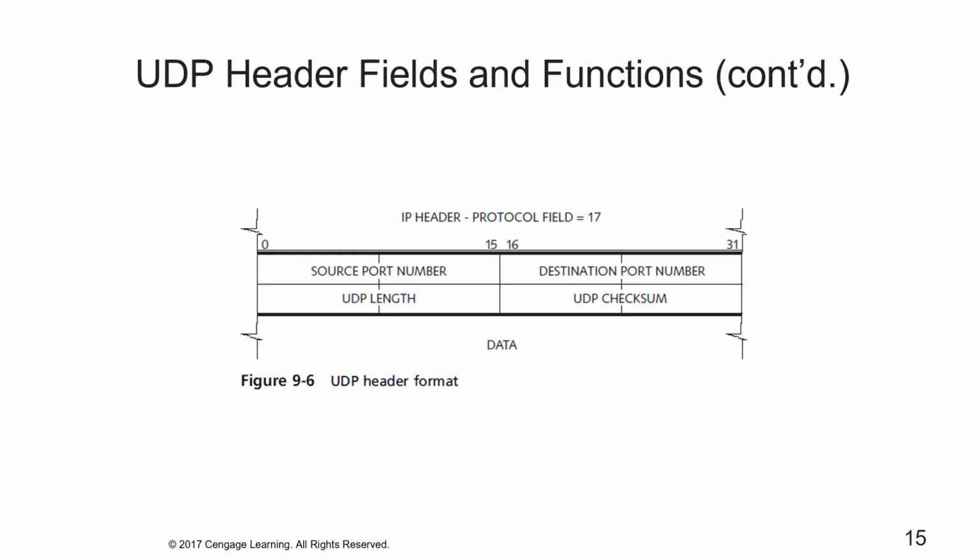So here's an example of the UDP header format. When we look at the various well-known port numbers, 53 is DNS, 69 is TFTP, 137 is NetBIOS name service, 138 is NetBIOS datagram.